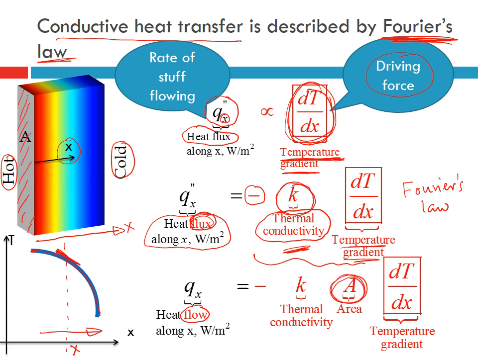The flux here, watts per meter square, is the amount of heat that is flowing in this direction per unit area, whereas this one, Qx, is over the entire area.